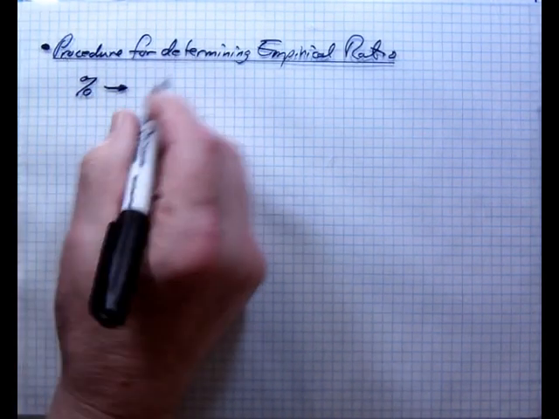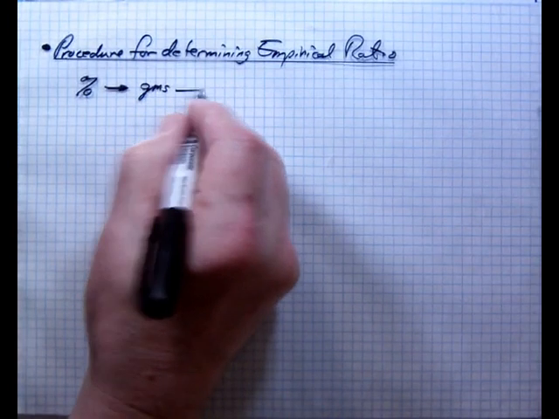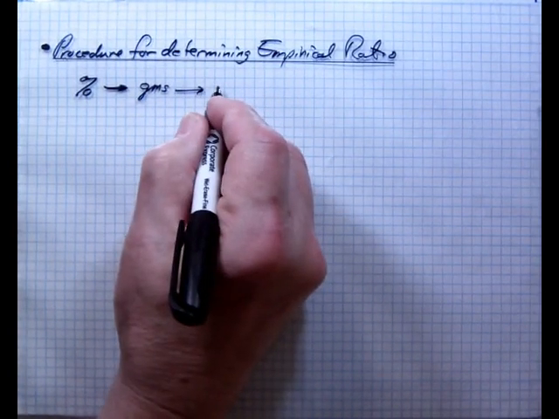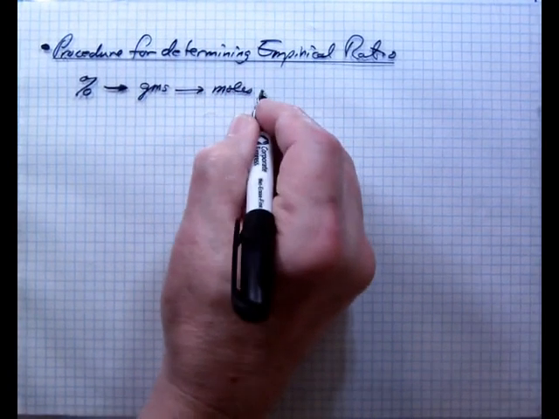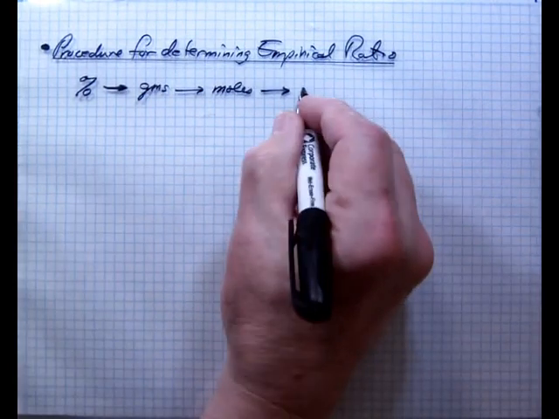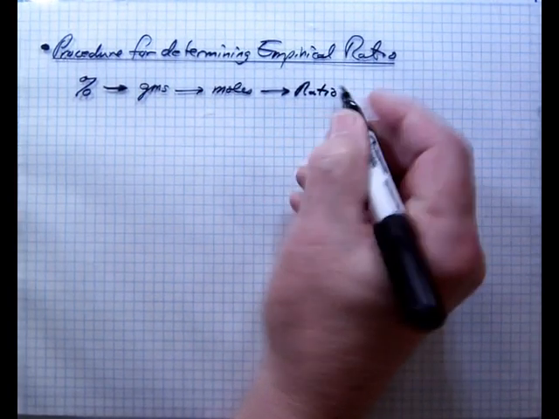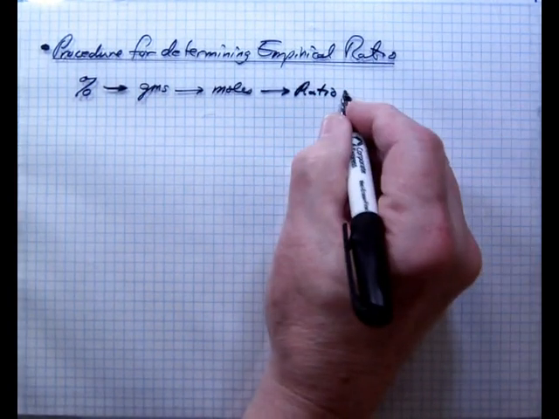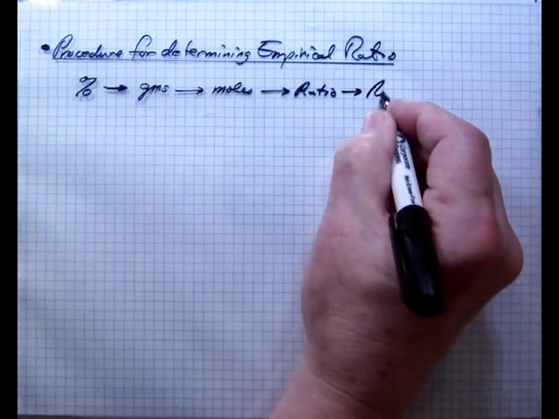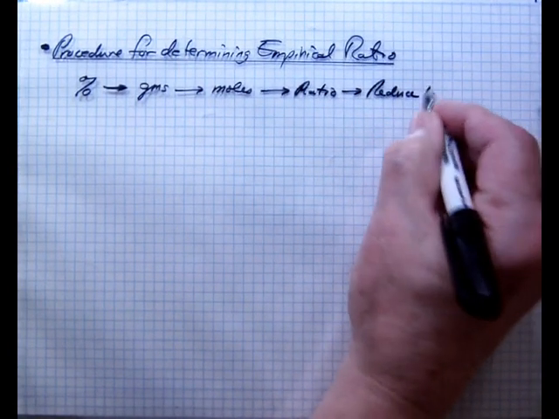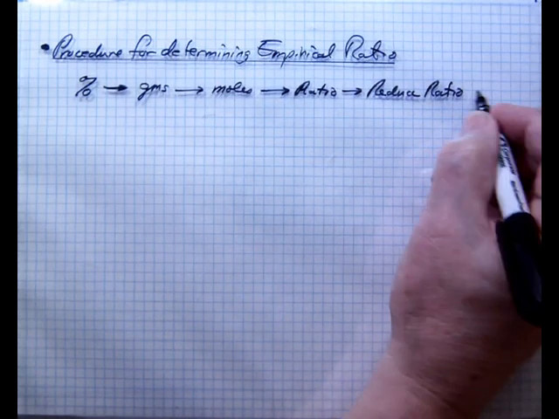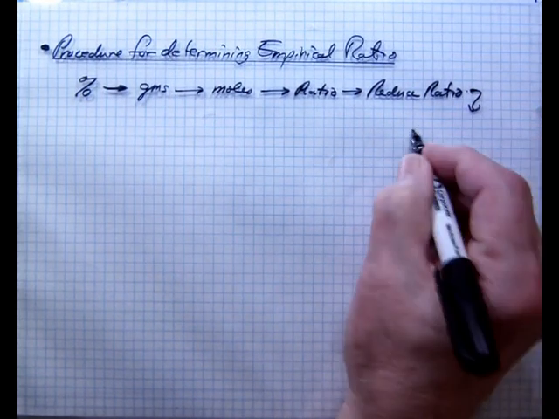Once you have percent per hundredweight, you can get grams. Then divide by formula weight, you get moles. And when you get the moles, you set up a ratio, a mole ratio. Then you reduce the ratio, and that gives you the empirical ratio.